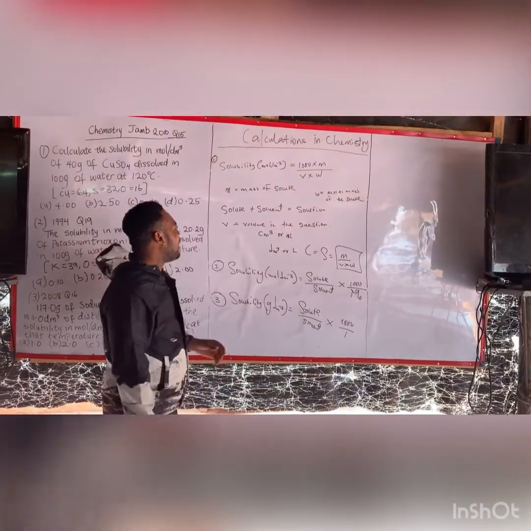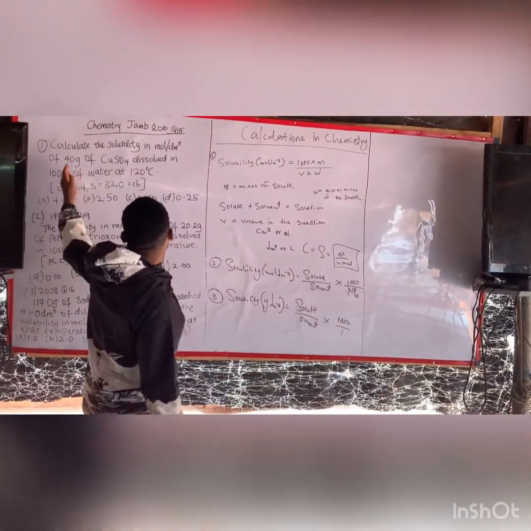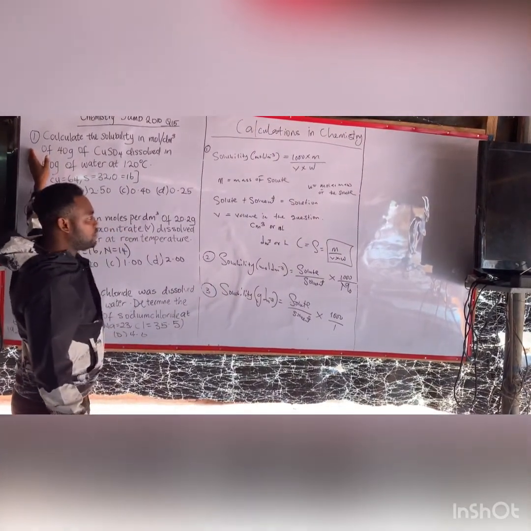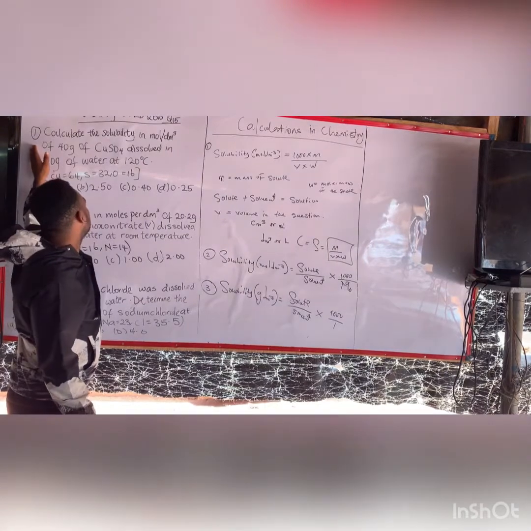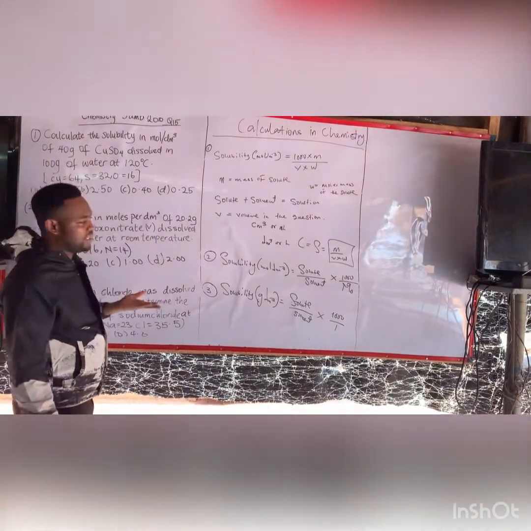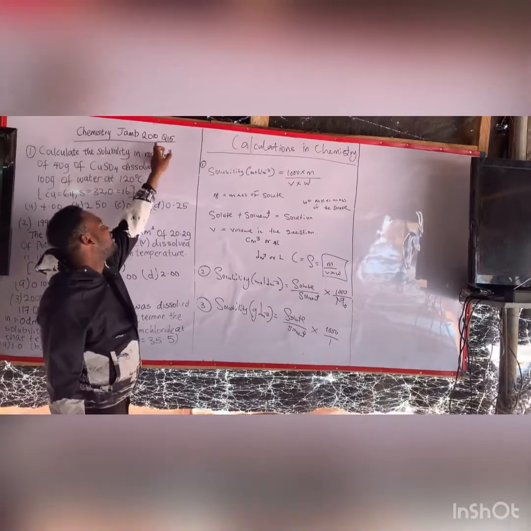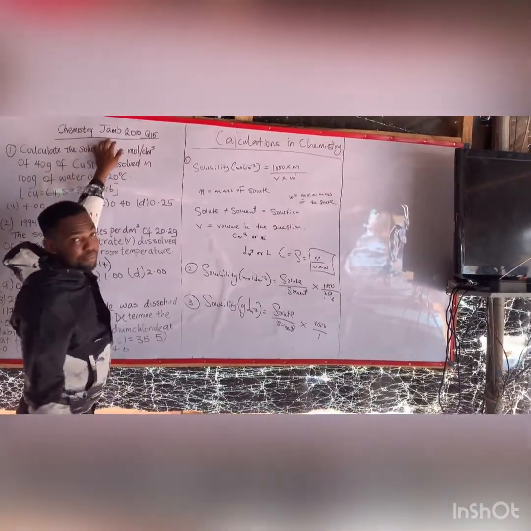Now, we have some questions we are going to solve here to show example of what these formulas can do. Now, we have the first one as 2010 question 15 Jan.